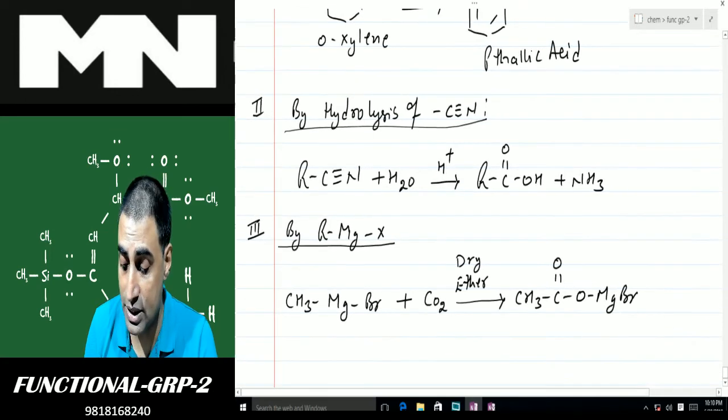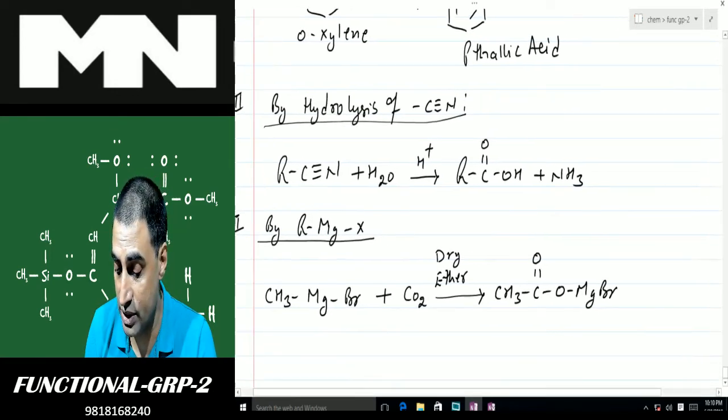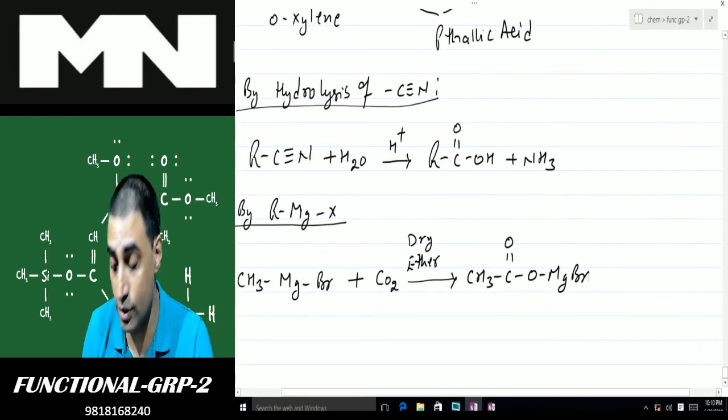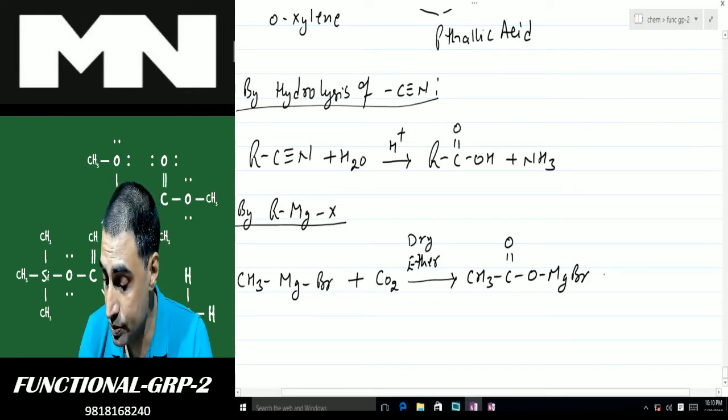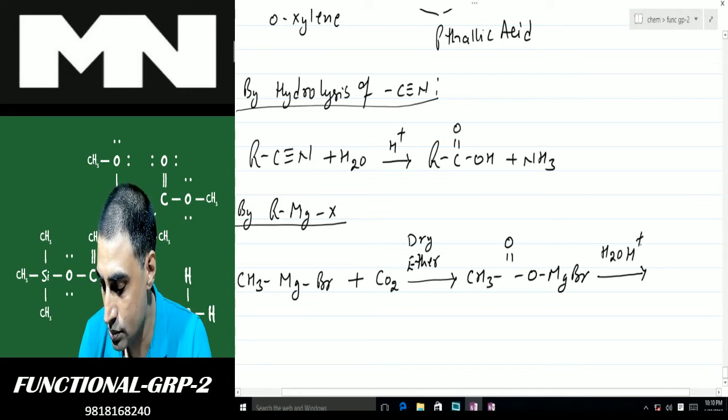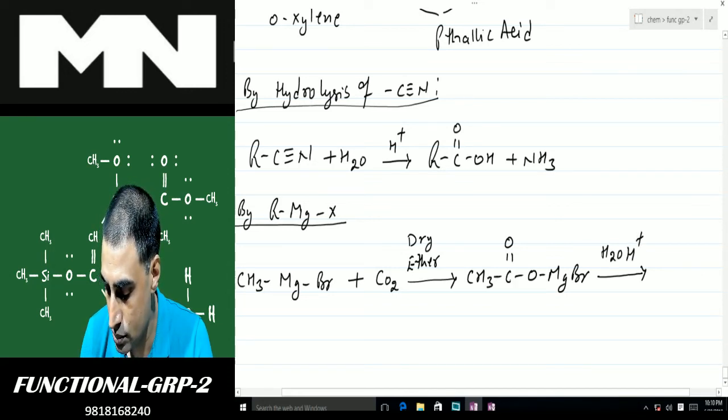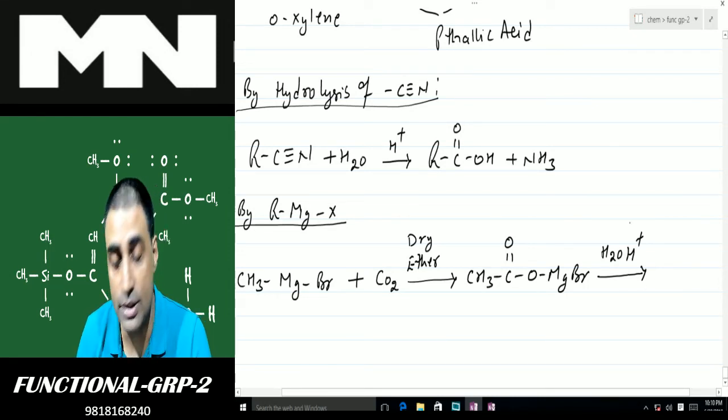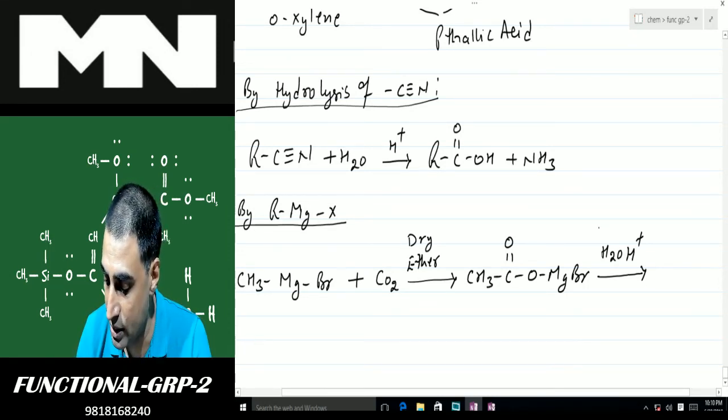I told you this thing a lot of times that all reactions of Grignard's reagent are always followed by hydrolysis. So in this case also, you have to carry out hydrolysis with a dilute acid. In this case, water will break up into H positive and OH negative.